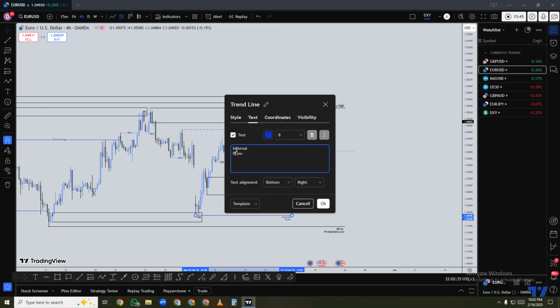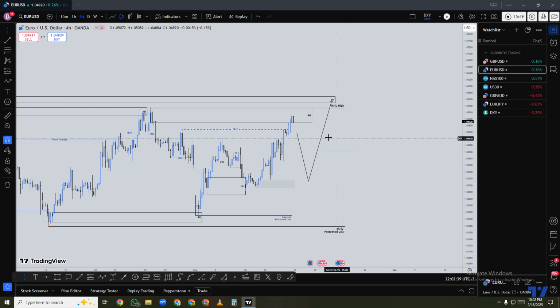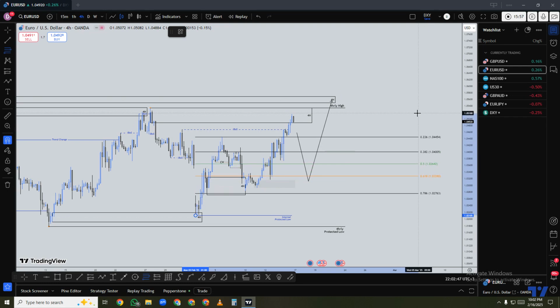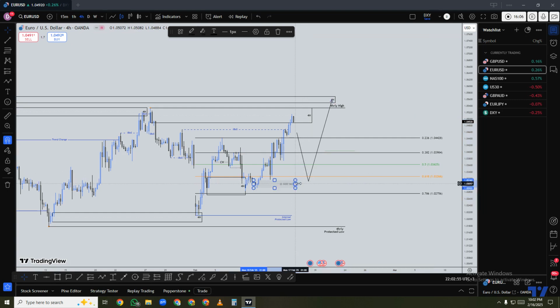This is the protected low, and this we are not really sure whether this is the high, but we are just gonna use that as our high. Yeah, so we expect the market to move all the way to the downside, and this is the unmitigated zone. All right, that is the unmitigated zone. But of course, you can also look at this.